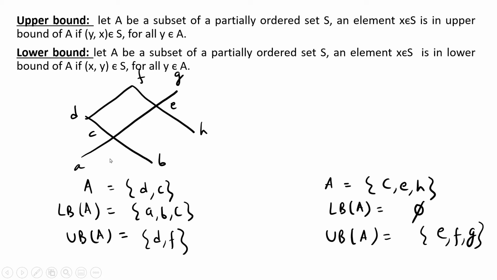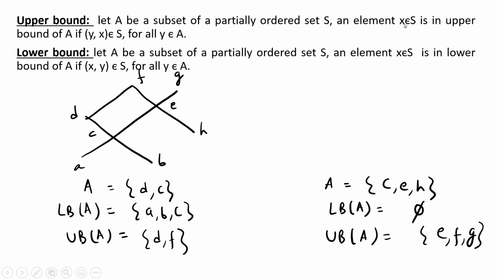So let's see. A is a subset {D, C}. So we have D and C, and this is a partially ordered set which has the elements A, B, C, D, E, F, G, H. According to the definition, A is a subset of partially ordered set S, that's fine, A is {D, C}.